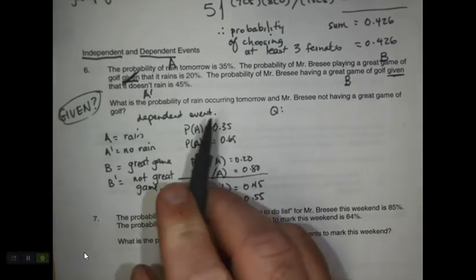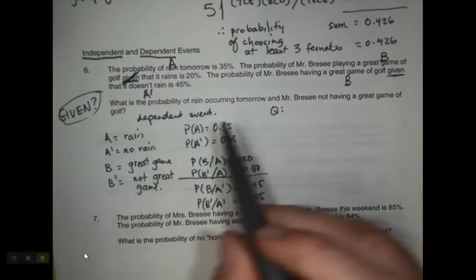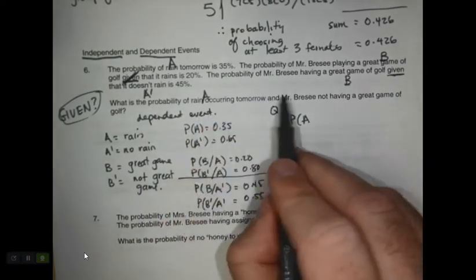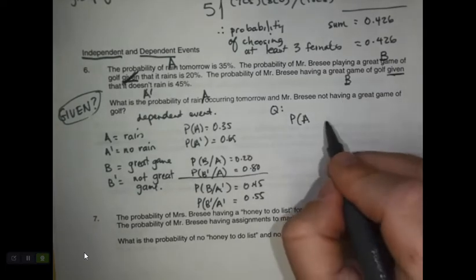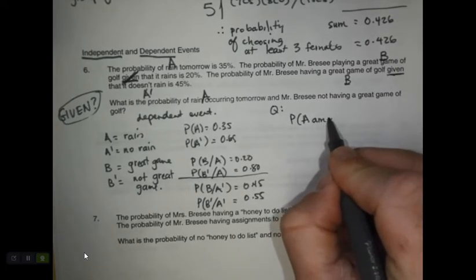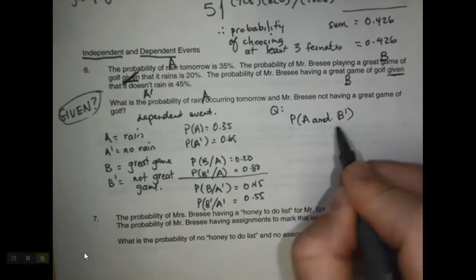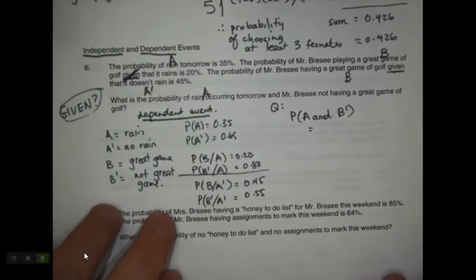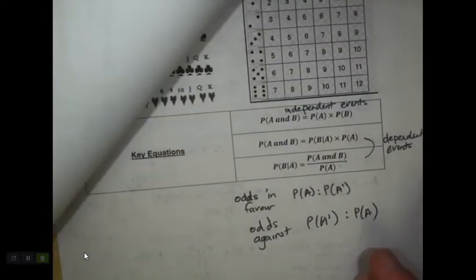So the question now is, what are we finding? The probability it rains, that's A, occurring, and me not having a great game. That's B prime. And since we know that this is a dependent event, we can go back and say, well, which version are we using?